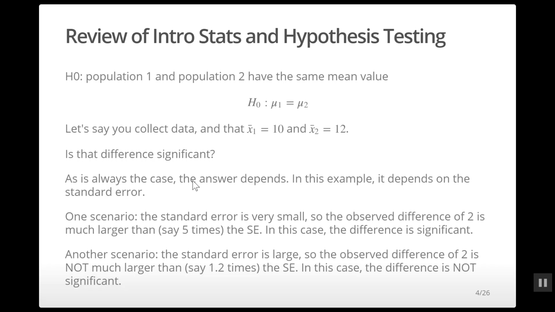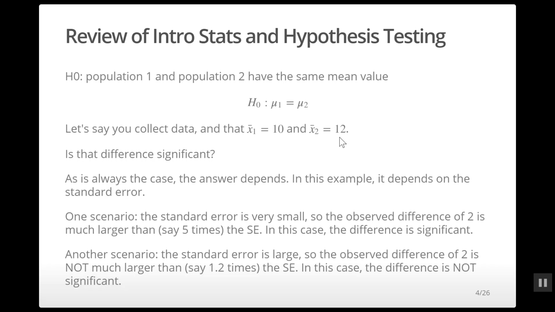We take a random sample and ask what's the average weight of population 1 versus population 2. When you collect data, you get x bar 1 equal to 10 and x bar 2 equal to 12. And the question is: is that difference significant, or could that difference of 2 be attributed just to random chance?